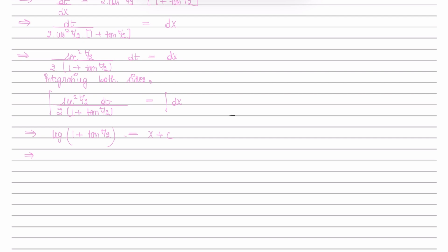Now, please note that 1 plus tan t by 2 derivative is equals to secant square t by 2 divided by 2.